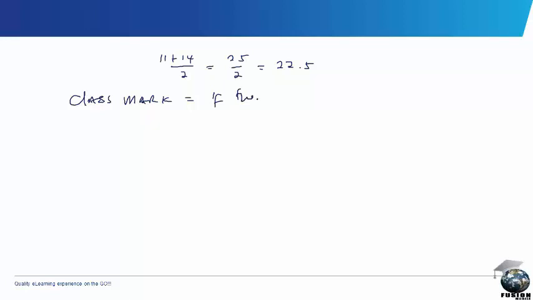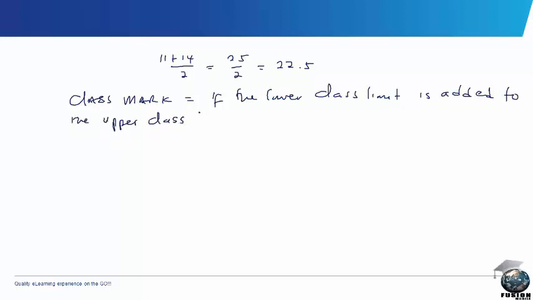If the lower class limit is added to the upper class limit and is divided by 2, we have what we call the class mark.